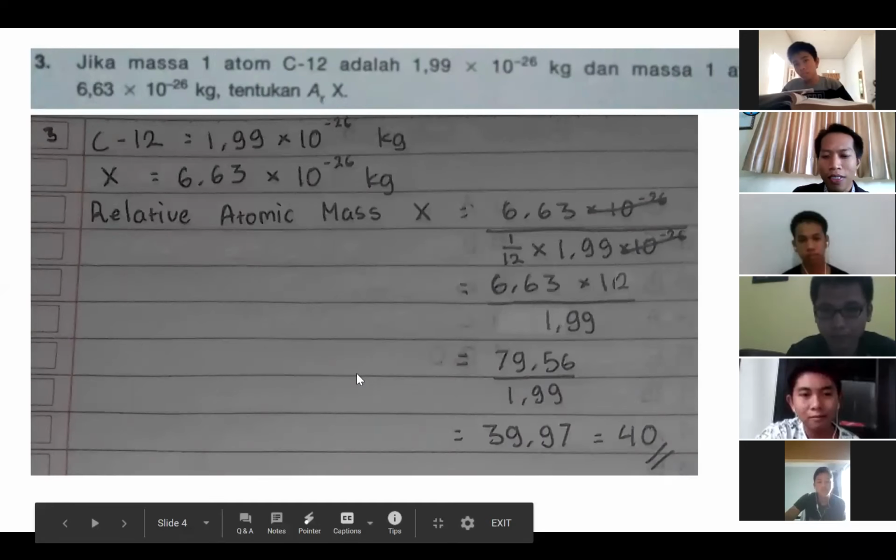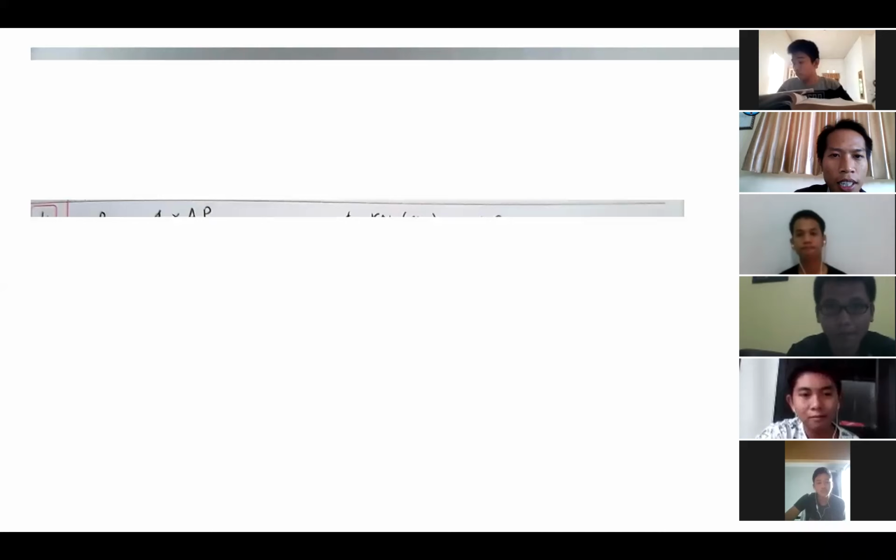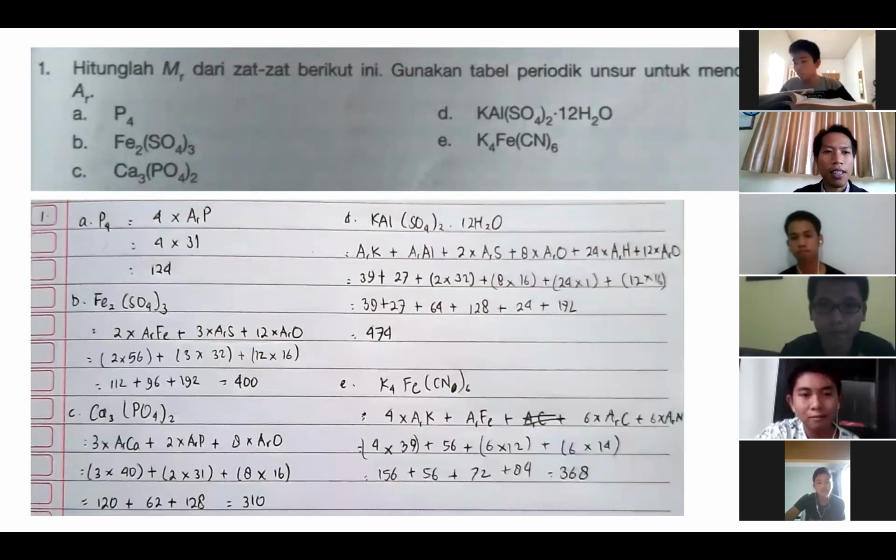Okay, let's continue with another exercise for the relative atomic mass and relative molecular mass. Calculate the relative molecular mass of the given compound. It is very simple to find the relative molecular mass.